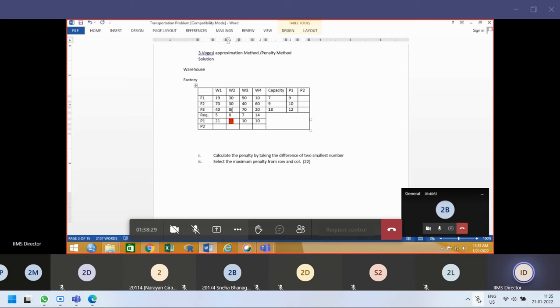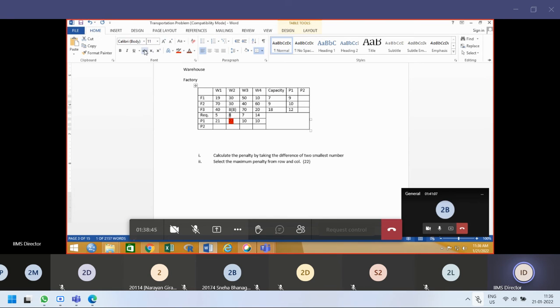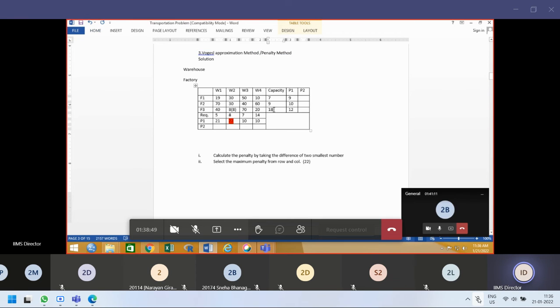But how much should I allocate now? Here I have to allocate 8, the 8 requirement. So this 8 is completely over, and I will strike it out. Out of this 18, how much is allocated? 8 is allocated.